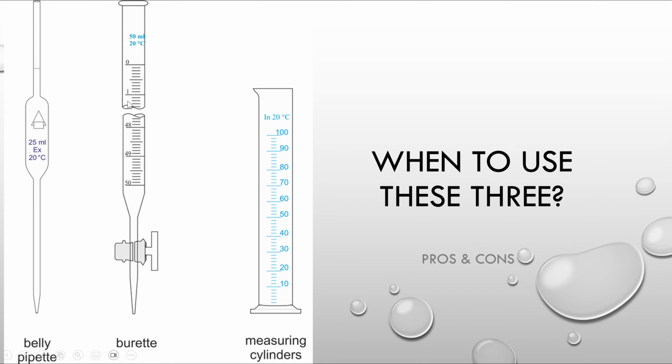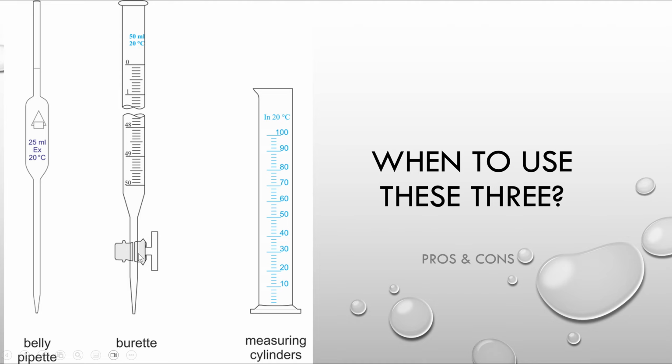Any other volume ranging from 0 to 50 using a decimal like 22.5, 23.7, 24, the most accurate is a burette. Measuring cylinder is inaccurate, but it is needed in some experiments because it is quick and easy to use. So when you're asked to improve accuracy, if you're using measuring cylinder, go for burette or pipette.